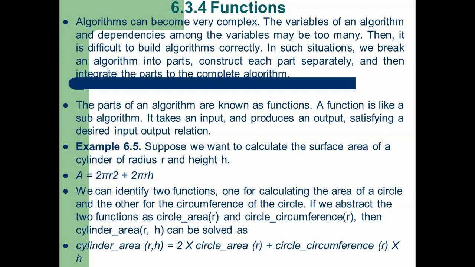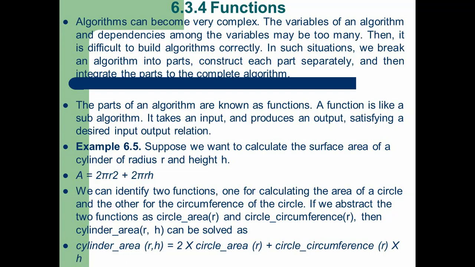To find the cylinder area, we can simply add the results of the two functions, circle area and circle circumference. So 2 pi r square produces the area of the circle, and 2 pi r h produces the circumference part. By using these two values we can produce the third value, the cylinder area.